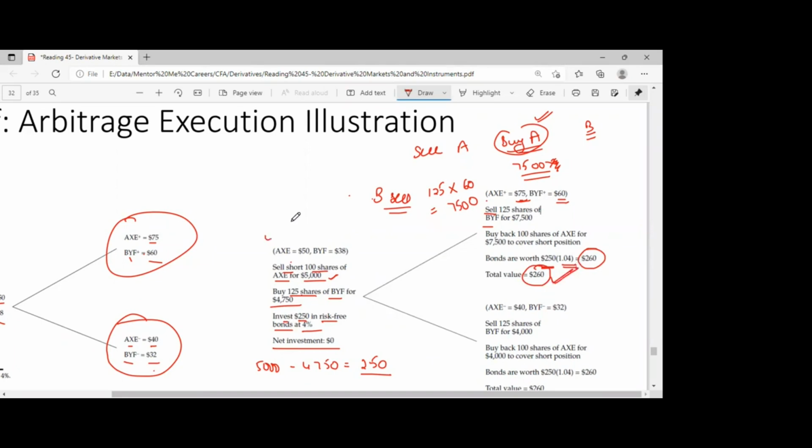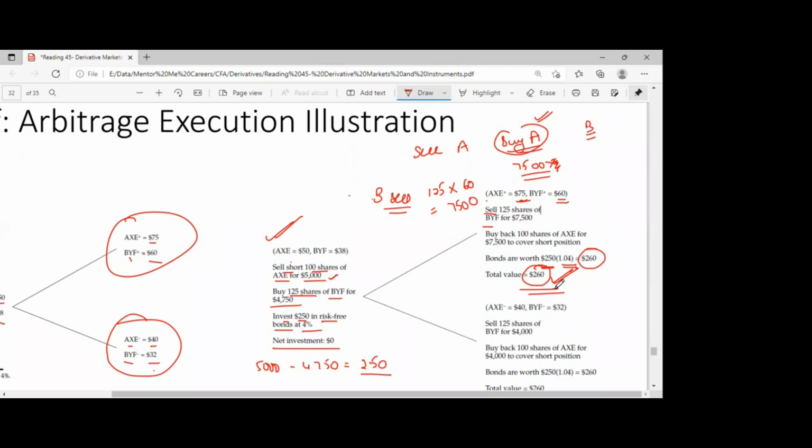Out of it 250 we made at the first stage and $10 interest we made in the second stage. So net basis पे हमने $260 बना लिए without shedding a penny from our capital. हमने कुछ capital नहीं लगाया and still we made $260 and that too in a riskless manner. This is an example of arbitrage.